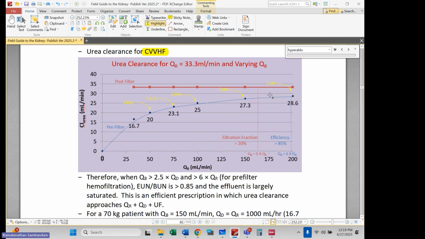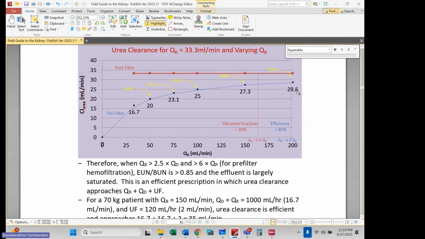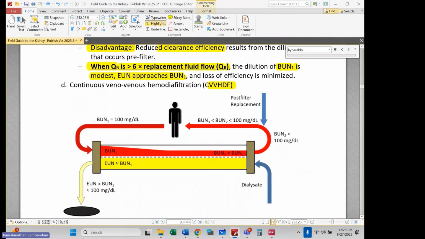If I was running infinite blood flow rate, this too would top out at 33 mils per minute. As I drop my blood flow rate, you can see that the EUN to BUN ratio goes down and my urea clearance becomes a fraction of 33 mils per minute. That efficiency threshold, you can calculate yourself. What is the actual EUN to BUN ratio?